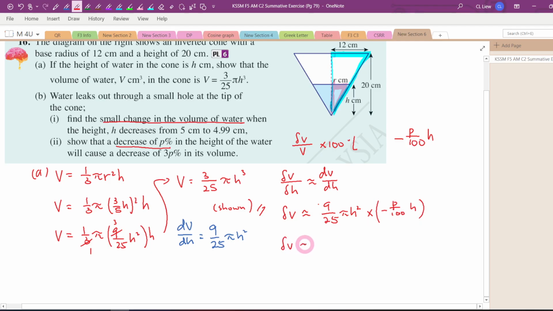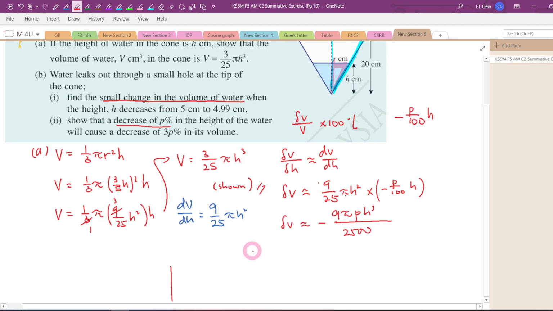So delta V is equal to negative 9 pi p h cubed, divided by 2500. What we need to do next is plug this in here and show that this whole thing is actually equal to negative 3p.